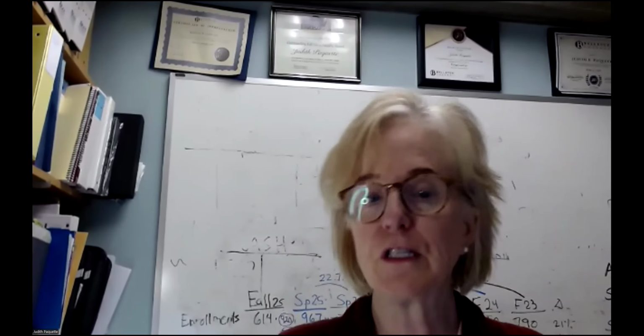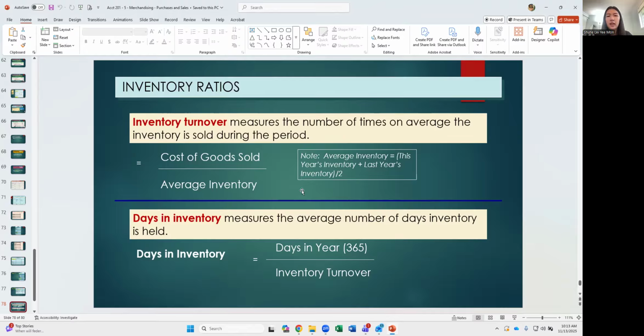So you go to the balance sheet and you take this year's inventory, 2025, plus last year's inventory, 2024, and divide by 2. So the average inventory is in the balance sheet, right? Not the average, no. So let's look at it.